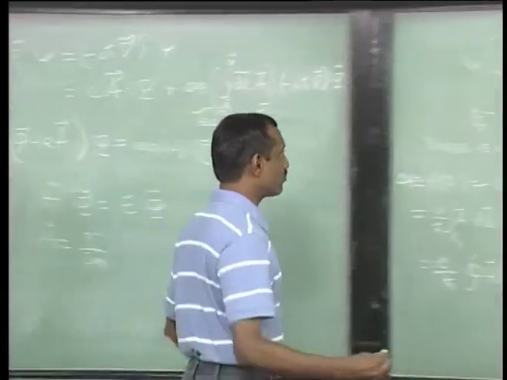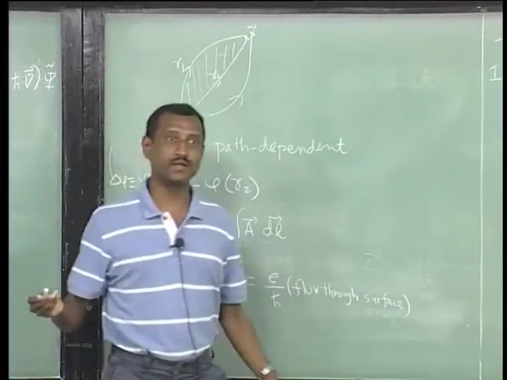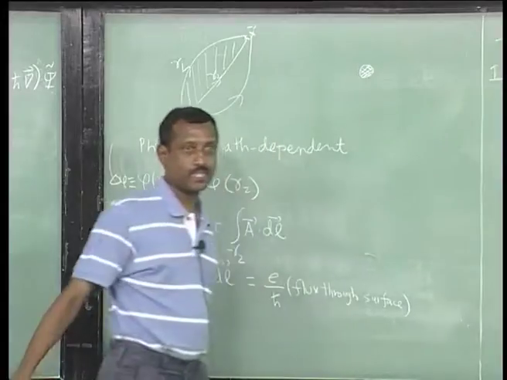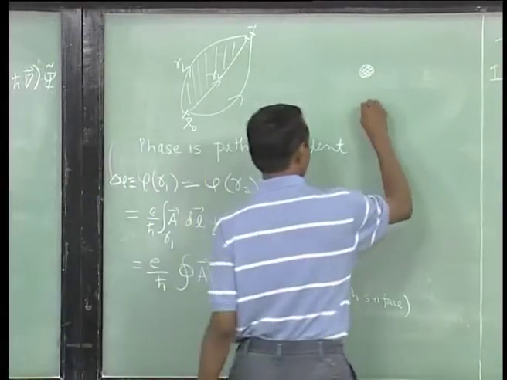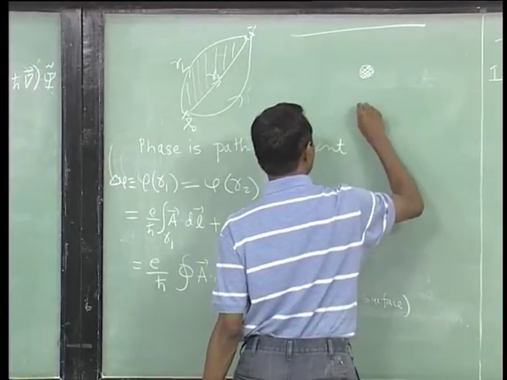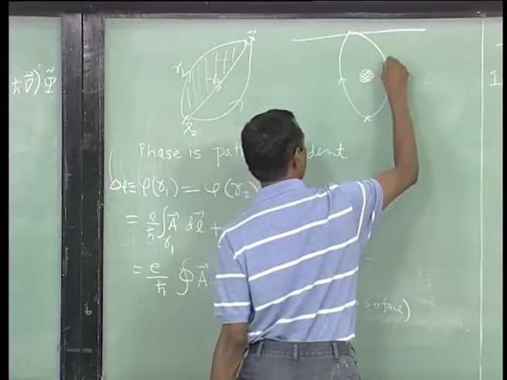Okay. So now you can think of a slit experiment where there are no slits, but there is a source of magnetic flux, and we can have a source or whatever, we can have a screen out here. So there can be one path coming like this, another path coming like this, there will be interference.